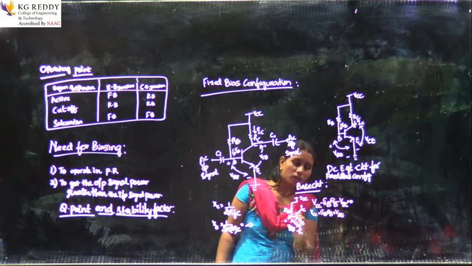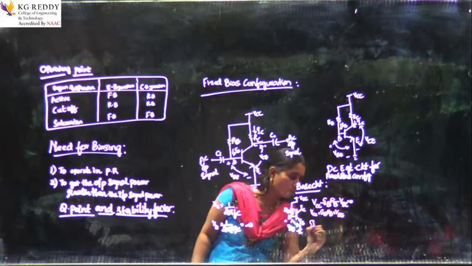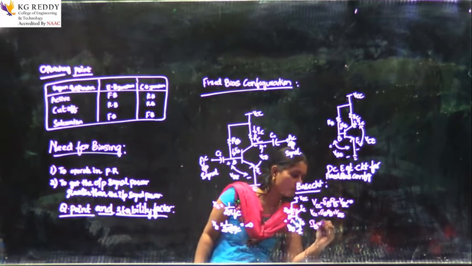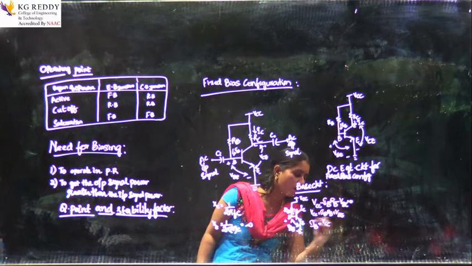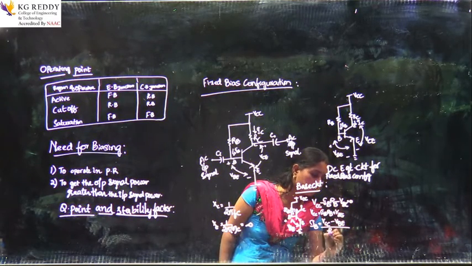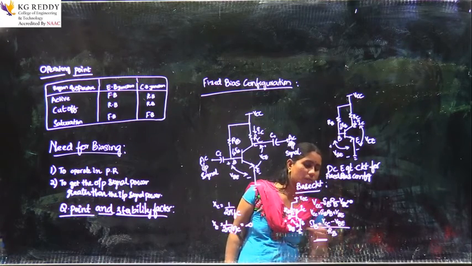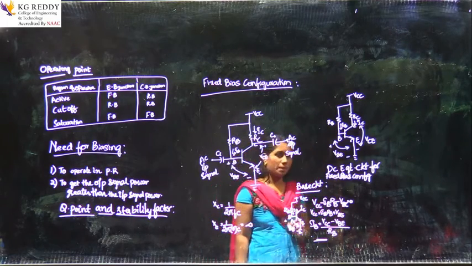But I want the base current. So, shifting this and making the resistor RB the denominator on the left hand side, we would be getting the base current as IB equals VCC minus VBE by RB. So, this is your base circuit.